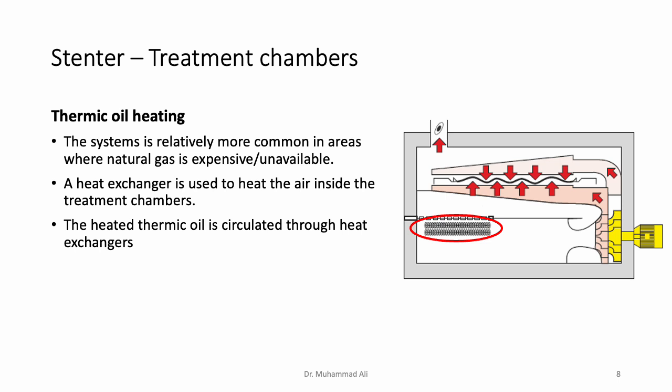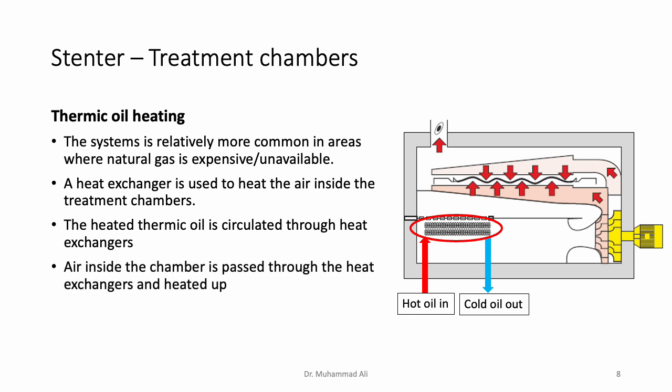And in this heat exchanger, we pump in hot thermic oil and it passes through the heat exchanger, and as it exchanges heat with the air inside the treatment chamber, its temperature is dropped, and so the cold thermic oil, or the oil which has decreased temperature now, is taken out of the other side of the heat exchanger.